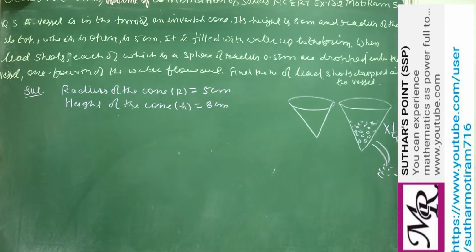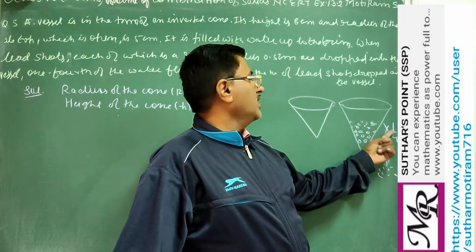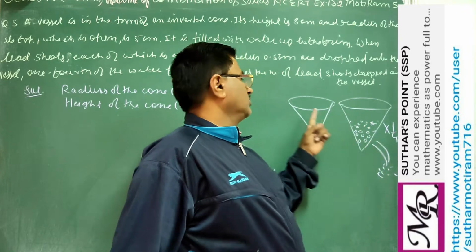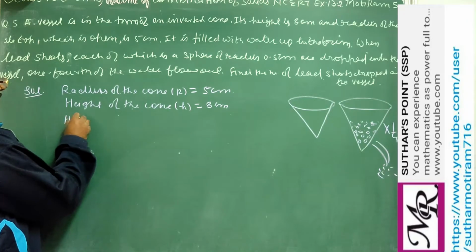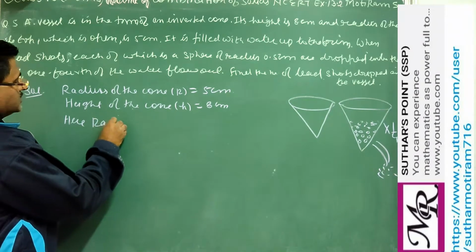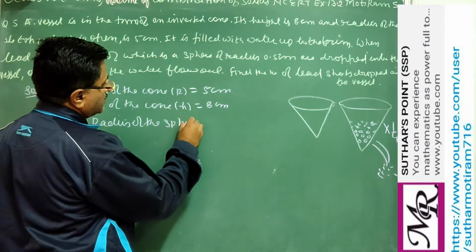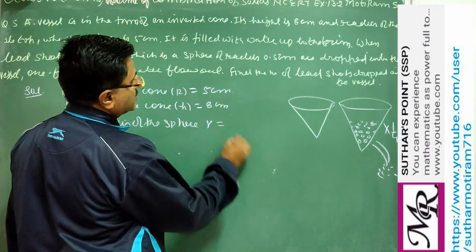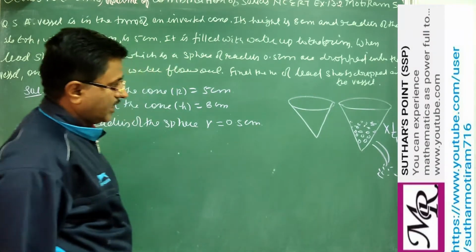Clear? So first of all we find the volume. Here we are also given the radius of the sphere, small r, which is equal to 0.5 centimeter.